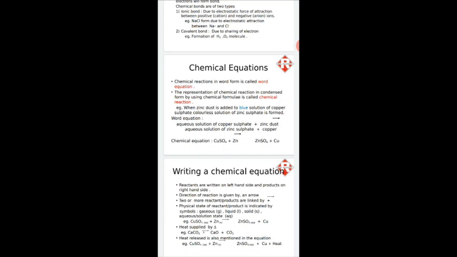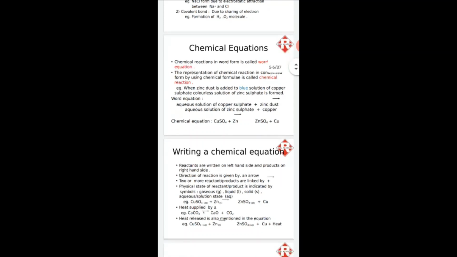In the word equation, we write in the next line: the aqueous solution of copper sulfate plus zinc dust, and this arrow indicates that a chemical reaction takes place and gives the product. This horizontal arrow indicates the formation of product. The aqueous solution of copper sulfate plus zinc dust gives the aqueous solution of zinc sulfate plus copper.